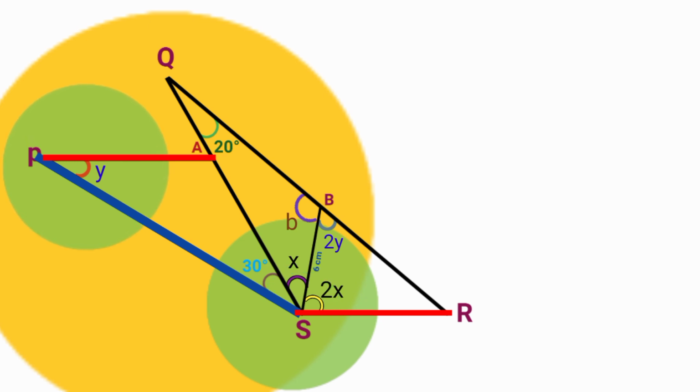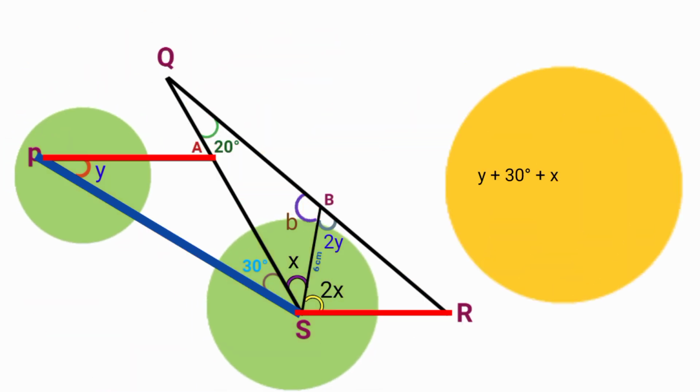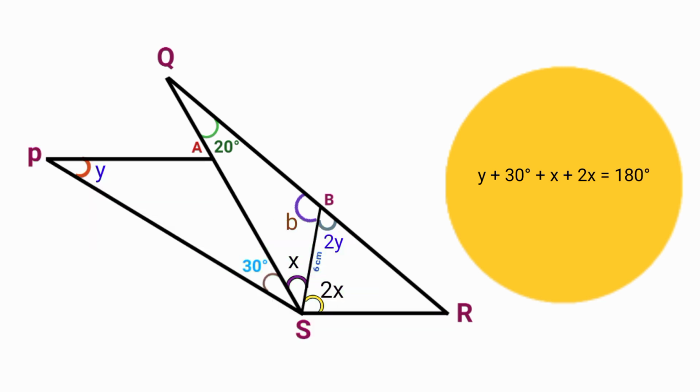So we can form an equation: y plus 30 degrees plus x plus 2x equals 180 degrees. X plus 2x equals 3x. So this will be y plus 30 degrees plus 3x equals 180 degrees.